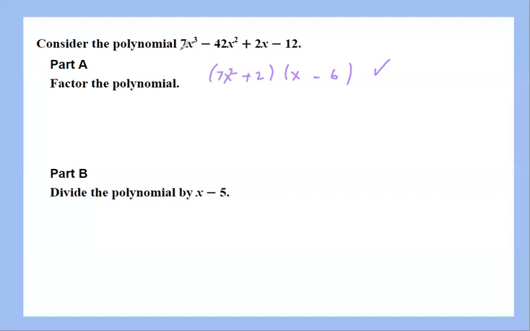So I can combine these two and combine these two. If I pull 7 out of the first two terms, x cubed and x squared are also divisible by x squared. So I'm taking a common divisor of the first two terms, which is 7 times x squared.